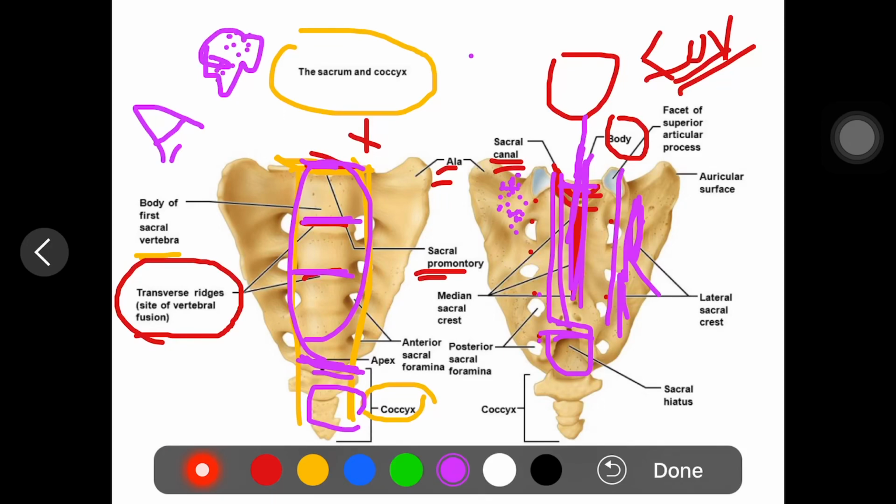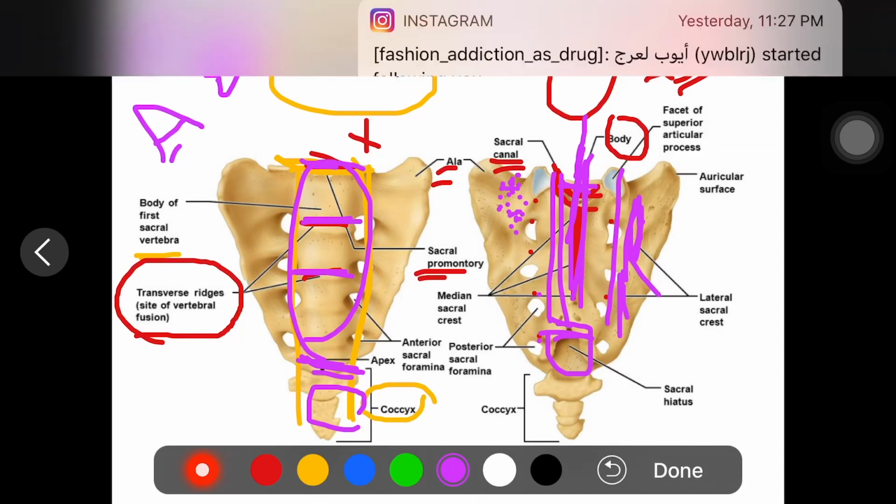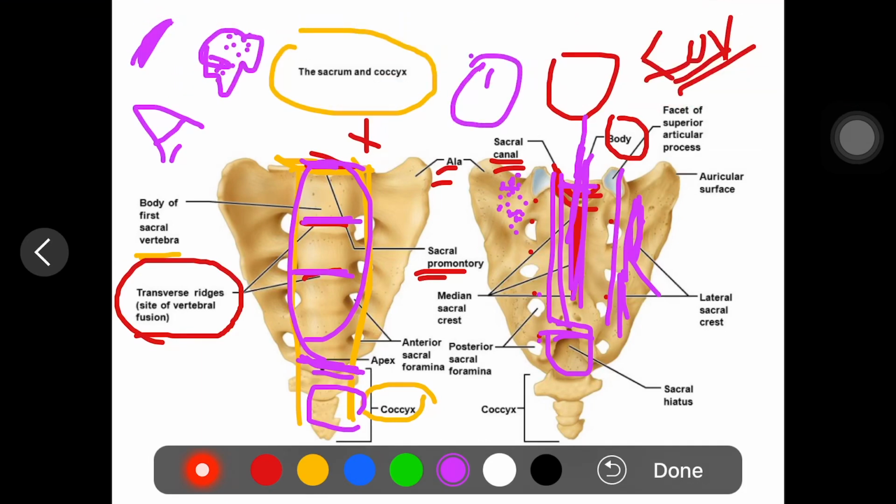This is what's called a tuberosity. Any sharp area like this, call it a crest. Any rounded area with a halo, you call it a foramen. For your easy memorization of all these structures: any entering area is a canal, any exit is the hiatus.